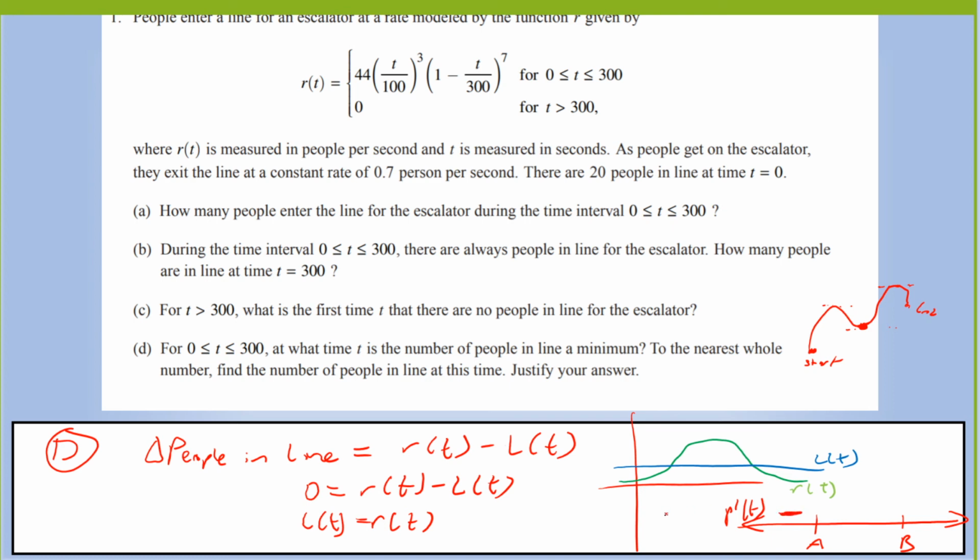Okay, change in people is negative. Then between A and B, would the people in line per second be positive or negative? Positive. Okay, and then after B? Negative.